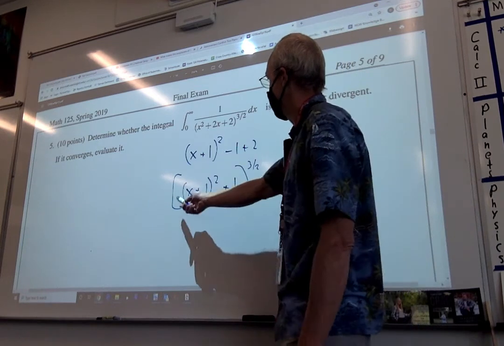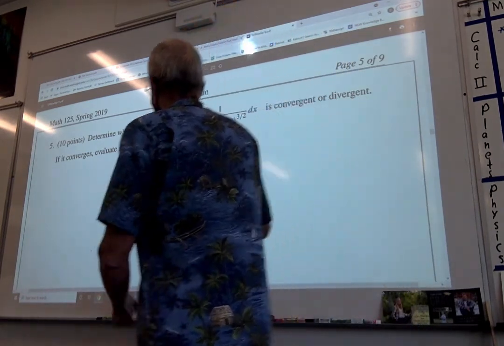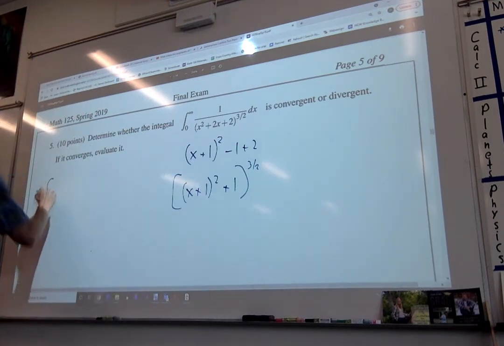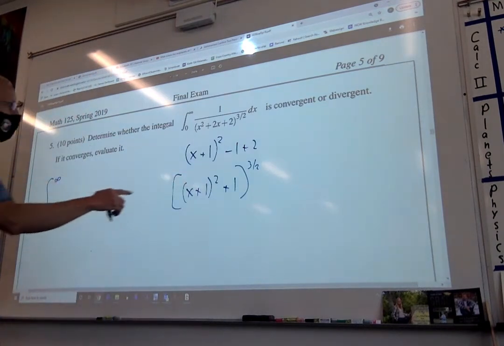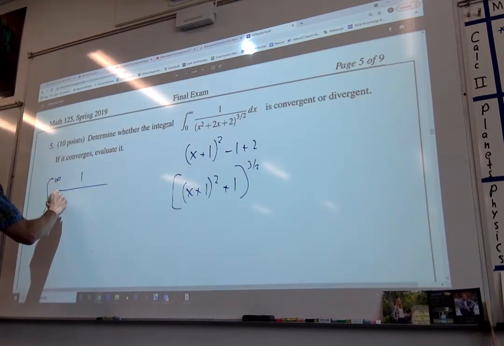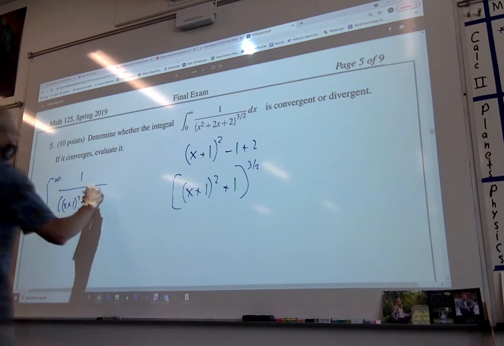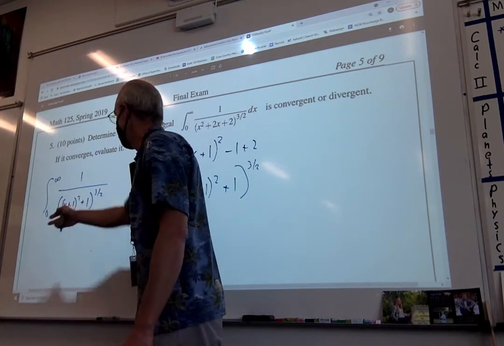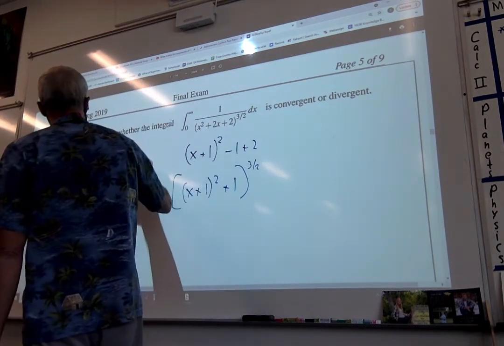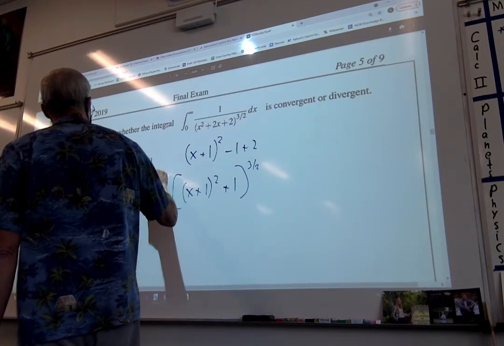So we just integrate this from 0 to infinity. That is the integral now from 0 to infinity of 1 over that. We had to complete the square, so it would be 1 over (x plus 1 squared plus 1) to the 3 halves. So what I do is get rid of that x plus 1: let u equal x plus 1, du equals dx.